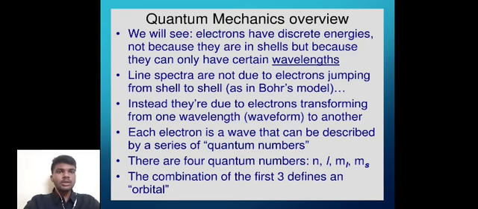Instead, they are due to electrons transforming from one wavelength waveform to another. An electron is a wave that can be described by a series of quantum numbers. There are four quantum numbers: n, l, ml, and ms. The combination of the first three defines an orbital.